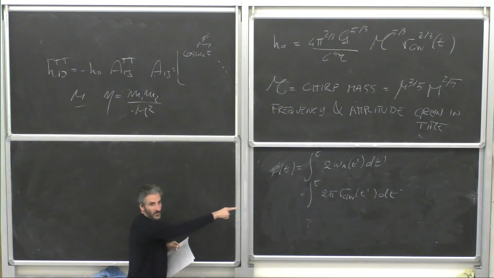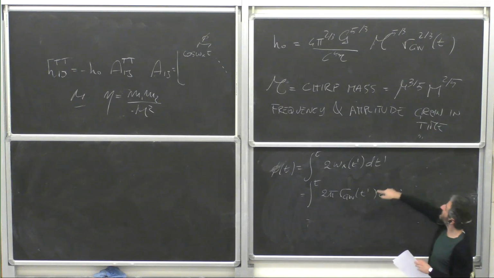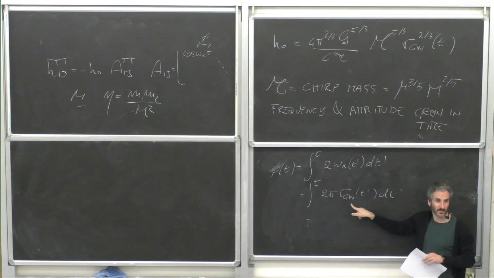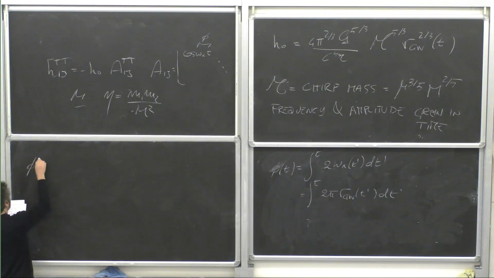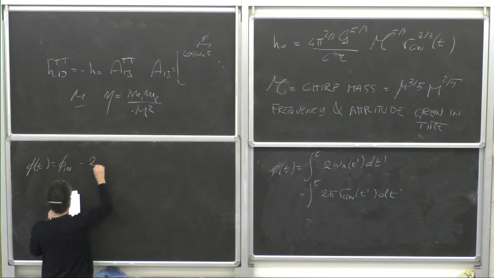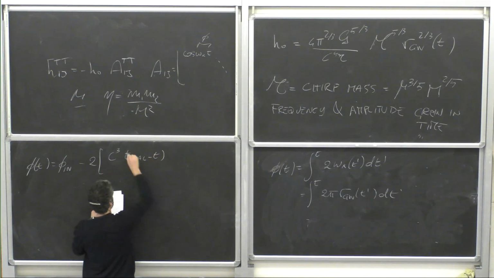So you can do this integral analytically, because we have written somewhere, probably I cancelled it, the explicit expression of f_gw as a function of time. So you can perform this integral analytically, and at the end what you get is that phi of t becomes an initial phase minus 2.